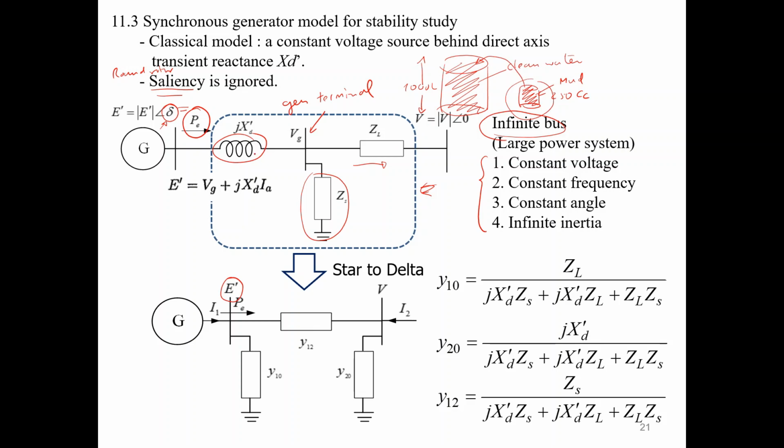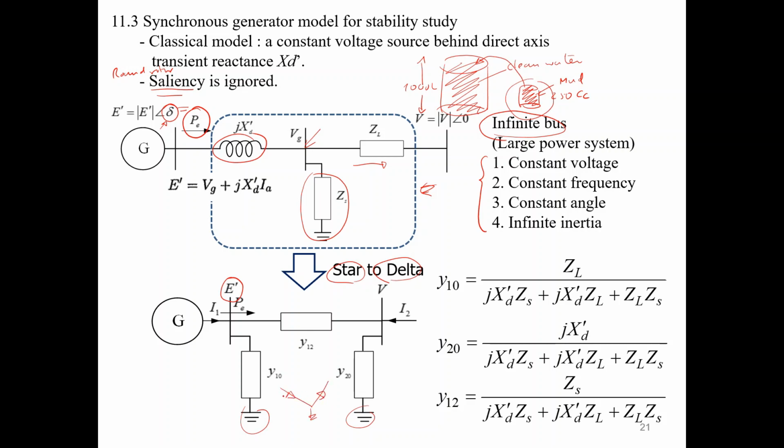We are trying to convert this box, because this box is connected in star, with the generator terminal as the neutral of this connection. So we transform this into delta. Why delta? Because we want to connect one end to the ground. The connection is like this, and this is to the ground.